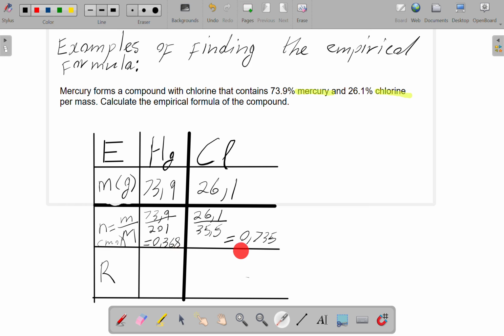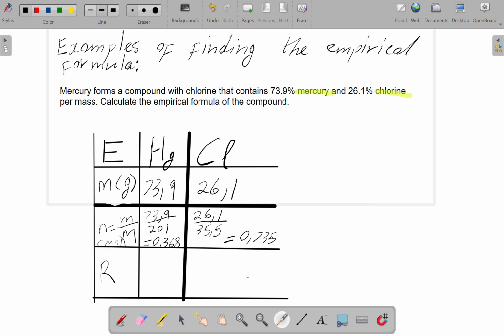The second one is 0,735. And then what I will do is to look at the one that is the smallest between these two. Which one, when you look at this example, is the smallest? The smallest is this one here, the 0,368 number is smaller than this one. So I will use this number to divide itself and this one.